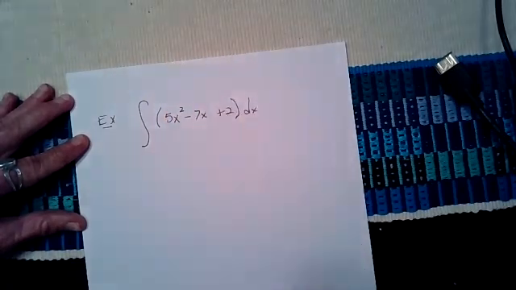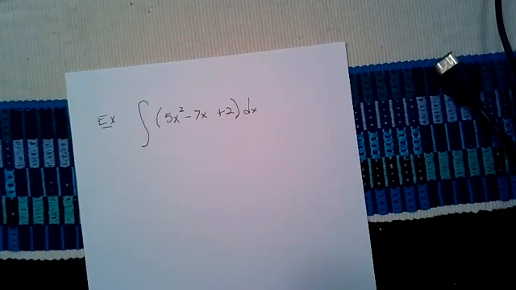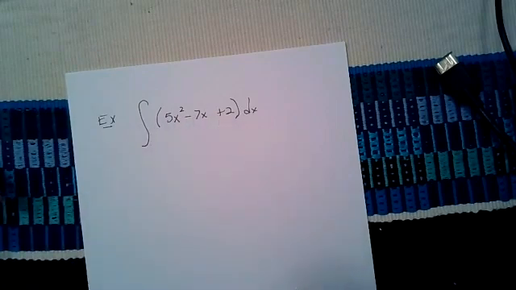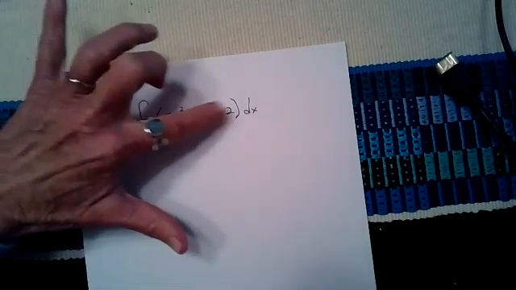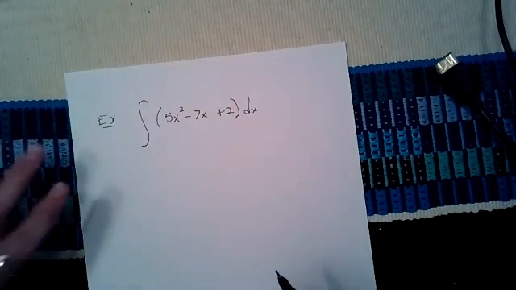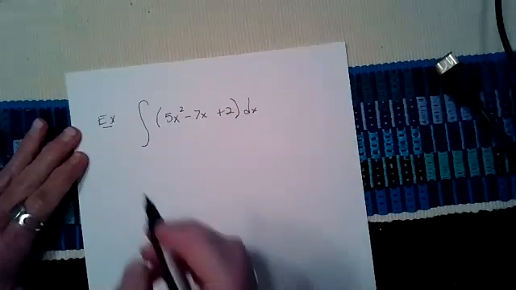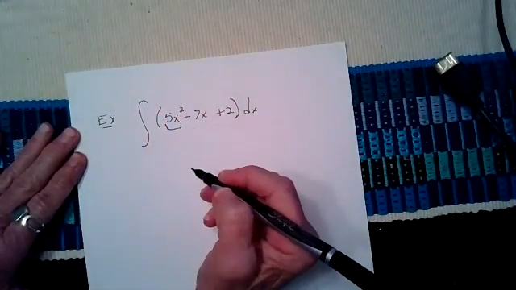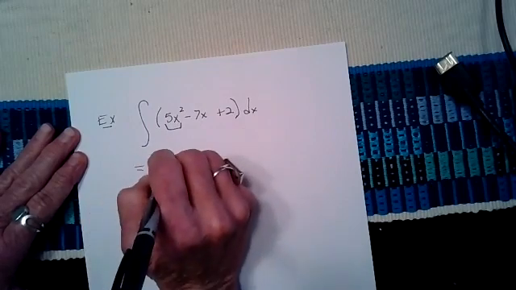Okay, so what Hawks will do, and what they did in 267, they would have you rewrite it, break it up, and I don't do that. I'm just going to take each term, and I might use a different rule every time I have a term. So here, I'll look at this first term. What rule am I going to use?